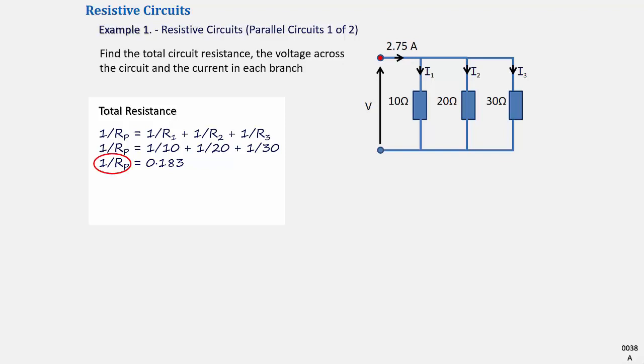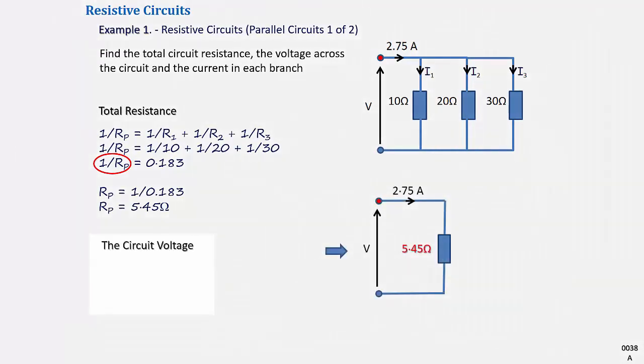That is the reciprocal of Rp. So Rp equals 1 divided by 0.183, which equals 5.45 ohms.